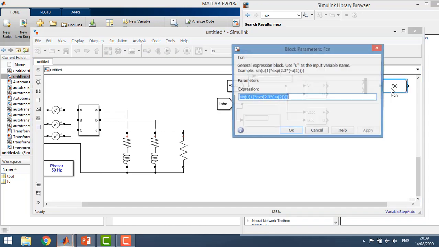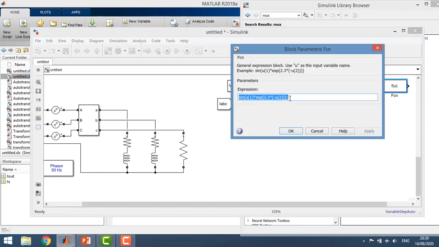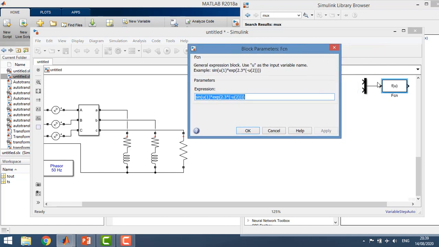So I'm going to use this user-defined function to find the power factor. So basically the function receives two signals. Let's say that the first signal is the active power. So let's name it as U1. And the second one is the reactive power.